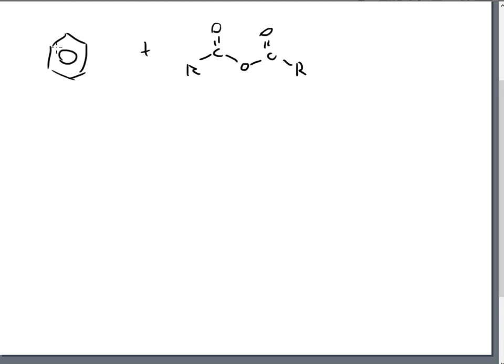So I have a benzene, and here's my C double bond O with the R group right there, right? And I'm going to say that these are the same. Just to keep it simple, I know they don't like to keep it simple, but for us to keep it simple, these two groups are going to be the same. So that way, no matter which side it breaks on, it's going to break.